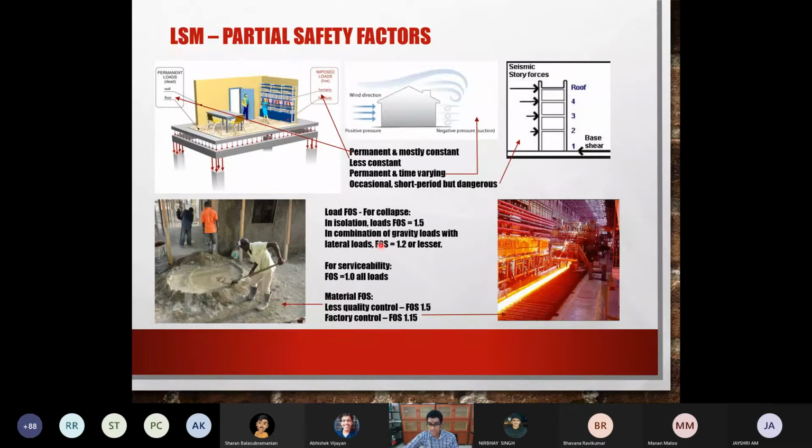So why they reduce it to 1.2 when you combine both of them is there is a very small probability that at the same time the gravity load also becomes overloaded because of some reason, and at the same time there's a very big storm or a very big earthquake, both happening at the same instant of time.